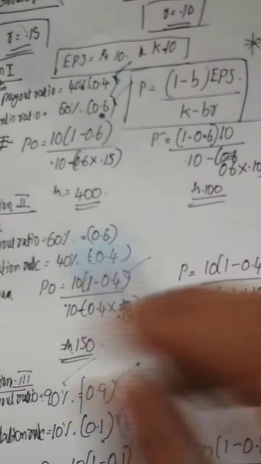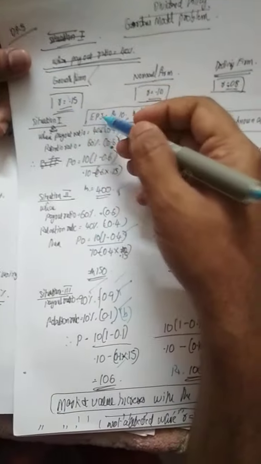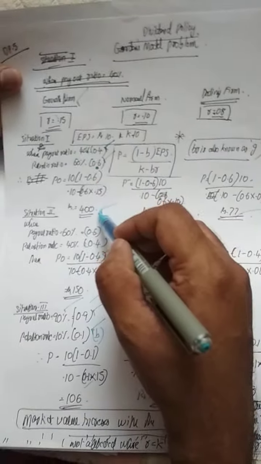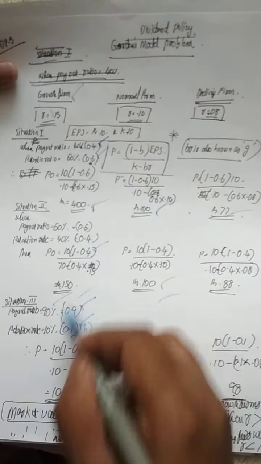But in growth firms, using Gordon's model, the present market value of share is the highest for the firm with the low payout ratio or high retention ratio, and it will decline after that. In declining firms, the present market value of share will be the lowest.